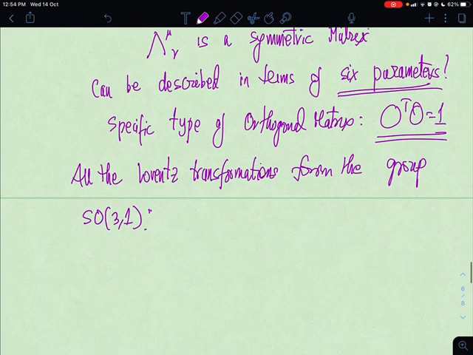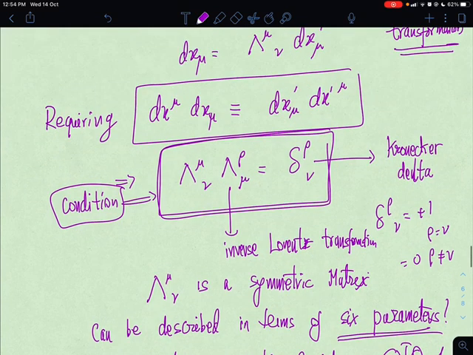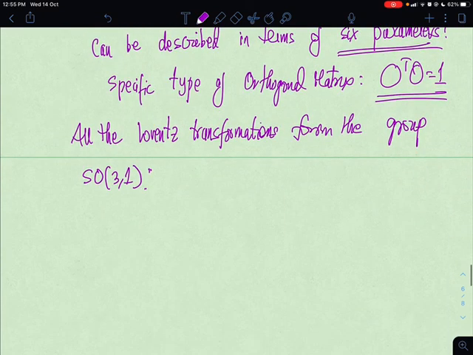Now up to this particular point may not be completely familiar to many of the people. Let's look at the familiar Lorentz transformations which many of you must have encountered in your classes.